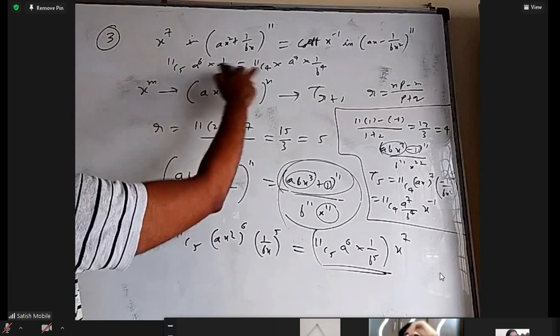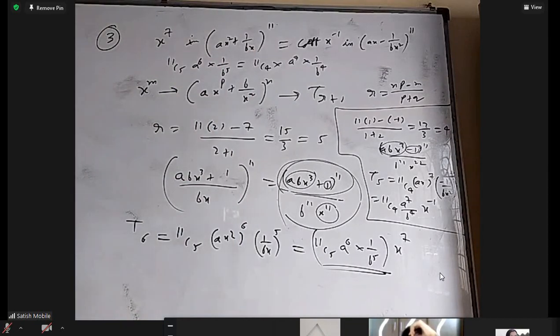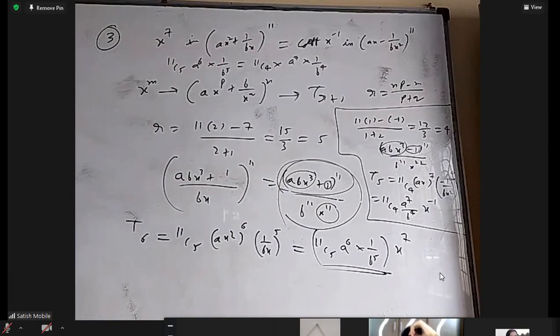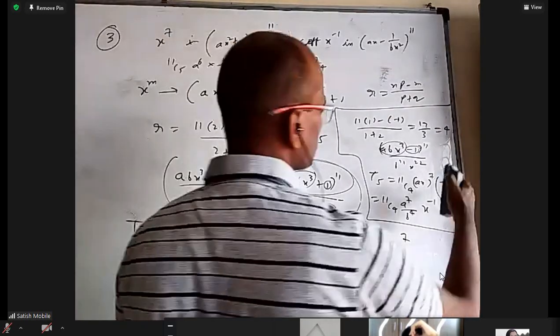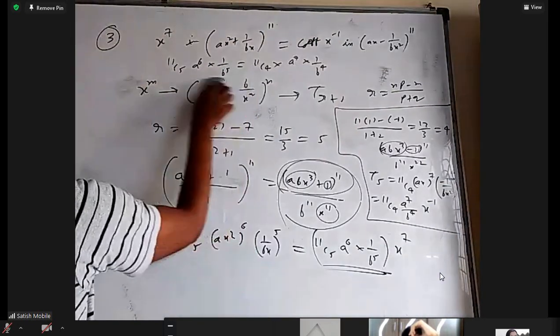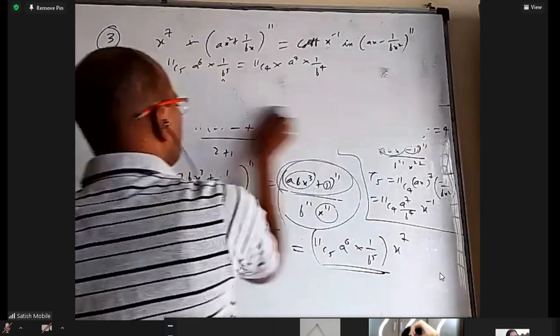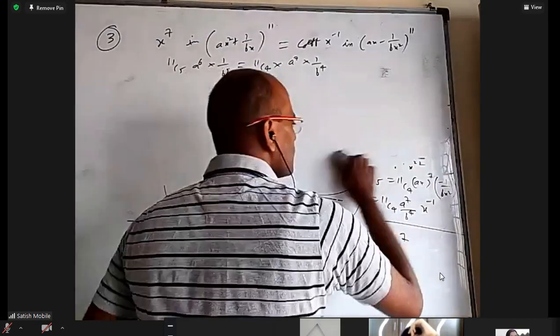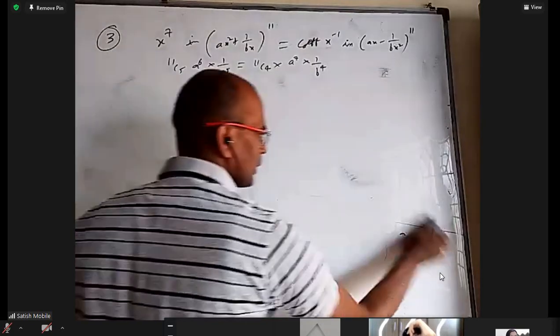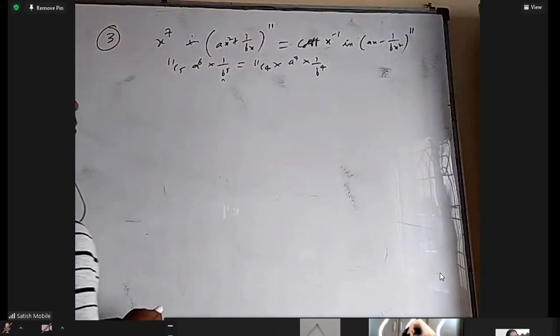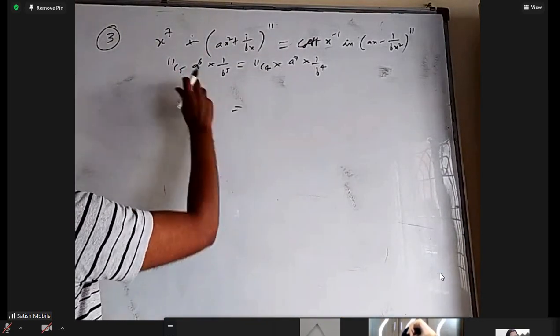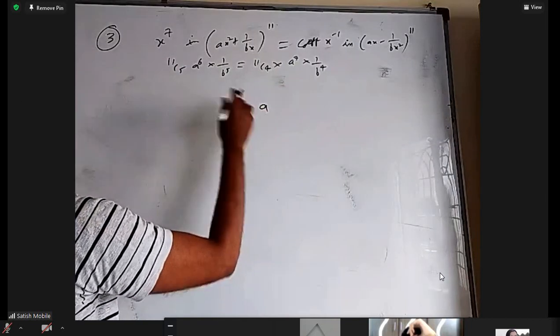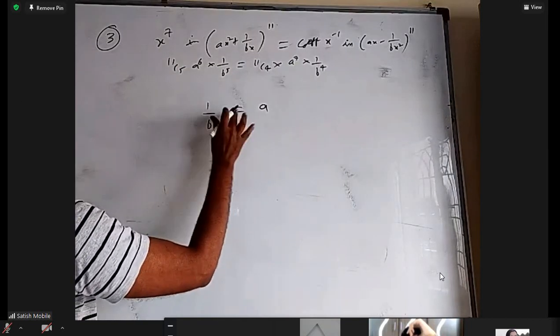I cannot straight away cancel 11C5 or 11C4 here because 11C5 equal to 11C6 but not 11C4. So a power 6, a power 7 means one a is left here. B power 5, b power 4 means one b is left here.